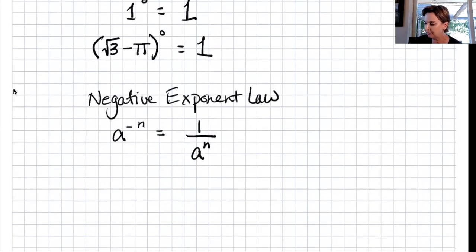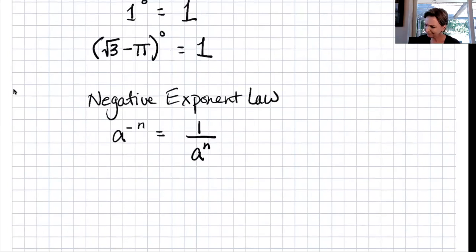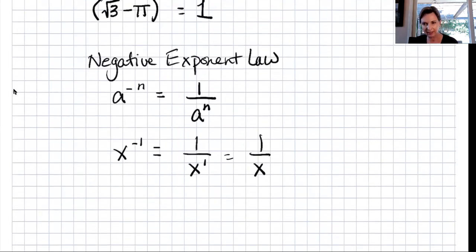That should be pretty familiar. So say I just had x to the -1 power. Then I would just move that to the denominator and make that one positive, or 1 over x.